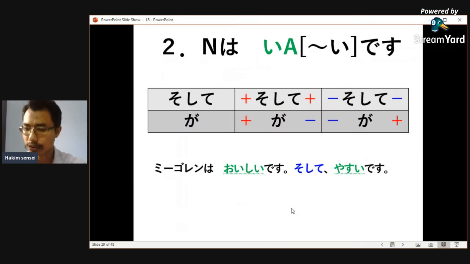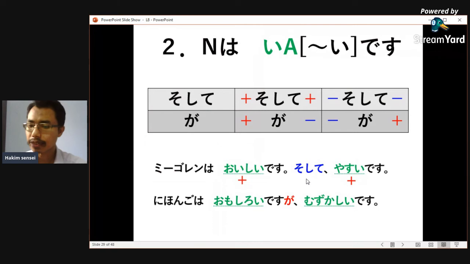So the conclusion about combining or simplifying more than one sentence is like this. If you are dealing with positive form like this, you are using the word soshite in between. Same case for negative form. As long as the first and second have the same impression, you are using soshite.